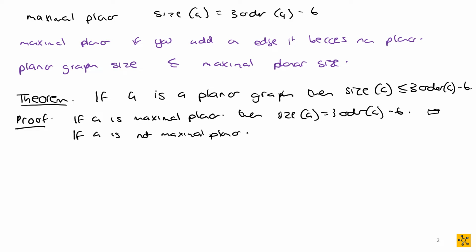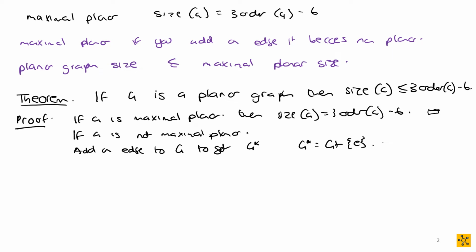If G is not maximal planar, so we're proving this directly, then we can add an edge to G to get G star. In other words, G star is equal to G plus the edge that we've added, or we can add edges, plural, to get it to where it is maximal planar.